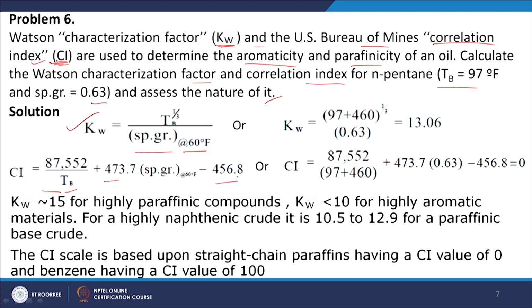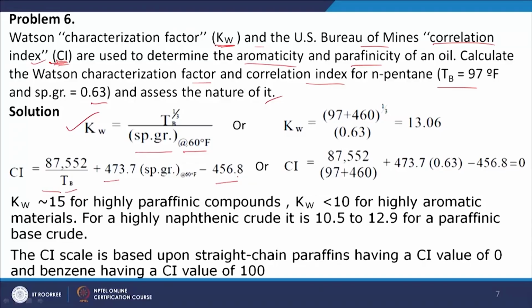So, these are the two formulas, and it is also provided in the literature that if the Kw value is around 15, then it is a highly paraffinic compound, and if it is less than 10, it is a highly aromatic compound, and for a highly naphthenic crude it is 10.5 to 12.9, while for a paraffinic crude base it is higher. And for the correlation index CI, the CI scale is based upon straight chain paraffins having a CI value of 0.